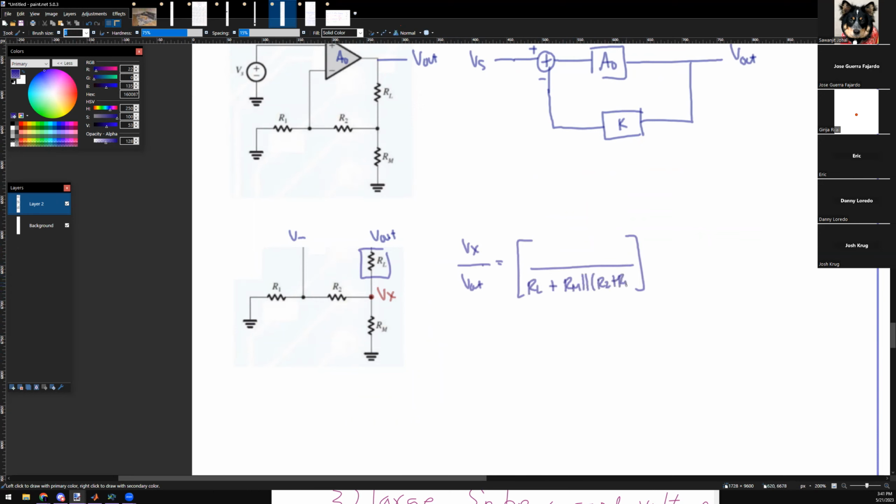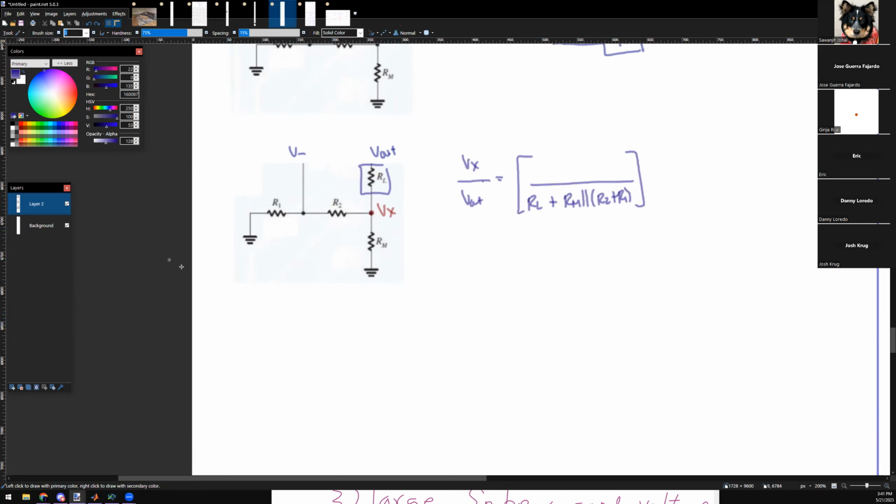Do you guys see that? Okay, and which one are you measuring across? Is it R2 in series with R1 or R2 parallel with R1? Series. From the perspective of Vx, everything else below it. So in other words, look, if you look at Vx, I could redraw this as this.